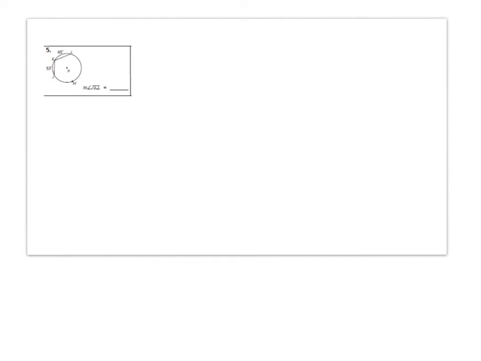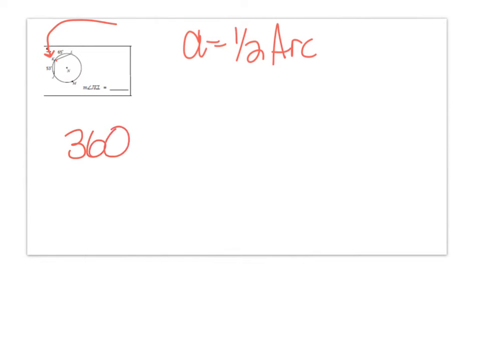Take a look at number 5. We see an inscribed angle because we see the angle K is right here on the circle. First thing we want to do is start off with the formula. The angle is equal to half the arc. In this case, we don't know the angle and we don't know the arc, so we're going to have to figure some things out before we get started. What we do know is the entire circle is 360 degrees. We do know that the arc from here to here is 65, and the arc right here is 53.